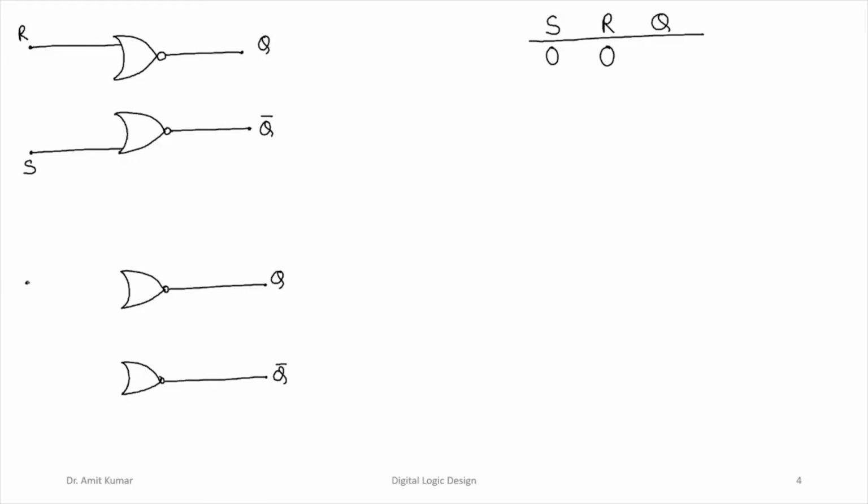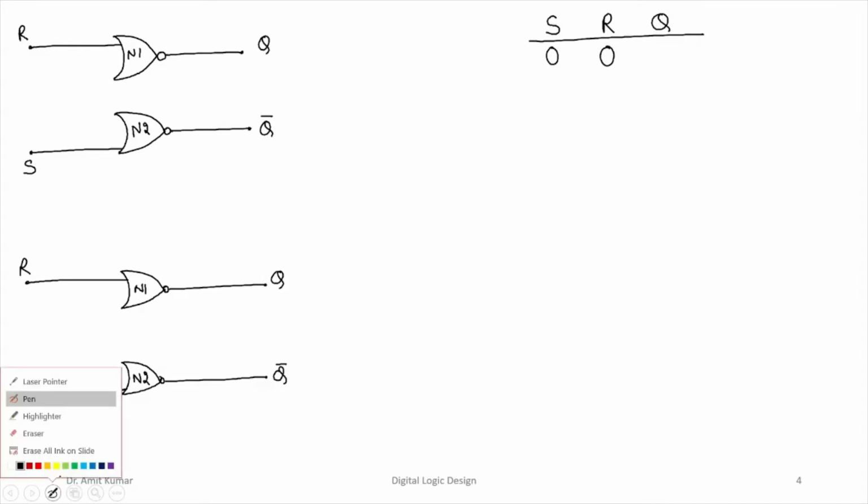This is one input of this NOR gate, that is R. This is the other input of the NOR gate, that is S. We call this NOR gate N1. Just for the sake of understanding, we call this NOR gate N2. This is N1, this is N2, right?